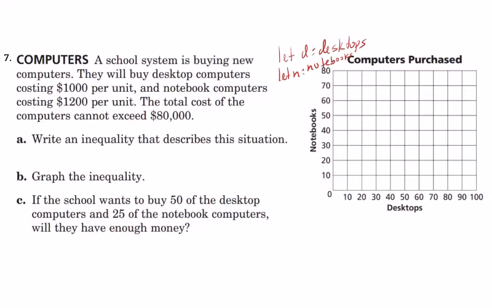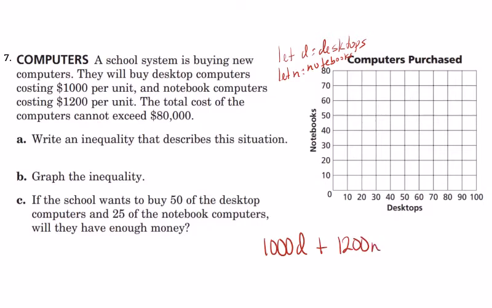Okay, so if it costs $1,000 per unit for the desktops, that means my desktop expression is going to be 1,000 D, right? That's how much my desktops are going to cost altogether, 1,000 times how many I have, and then my notebook expression is going to be 1,200 times N, right?